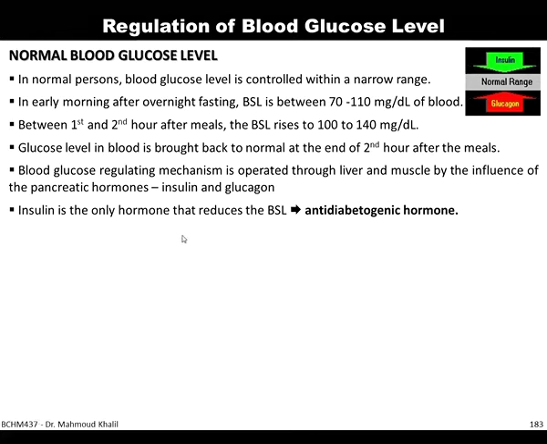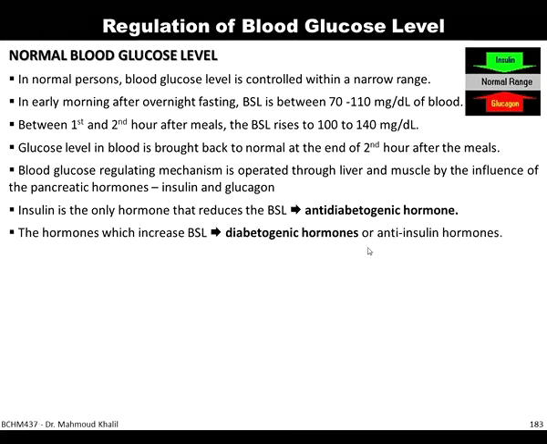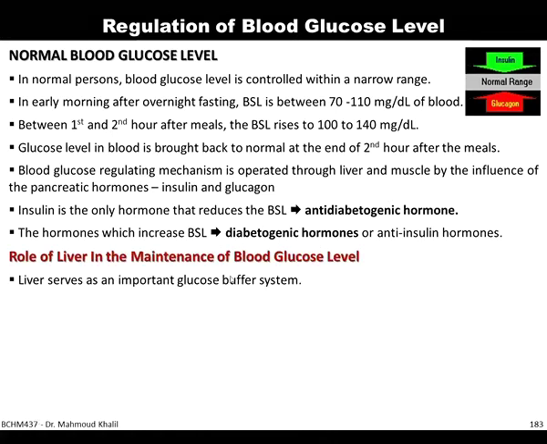Insulin is the only hormone that reduces the BGL, so it is actually the anti-diabetogenic hormone. The hormones which increase the BGL, like glucagon, are the diabetogenic hormones, or anti-insulin hormones.